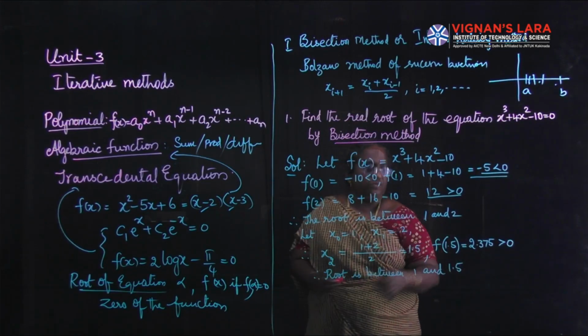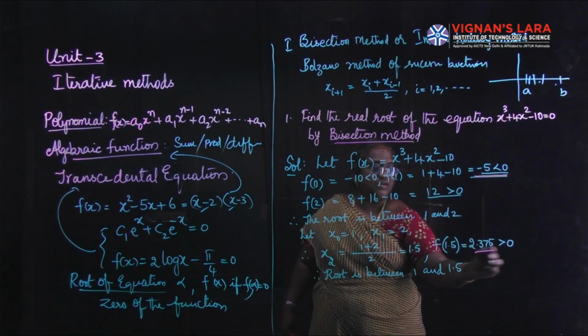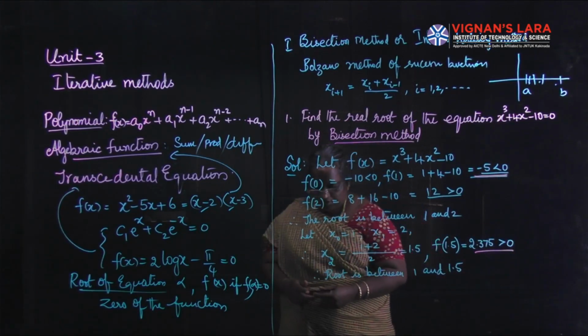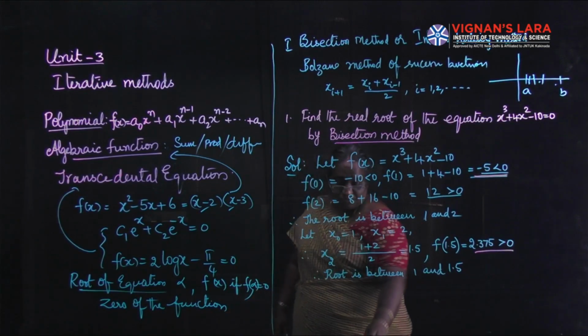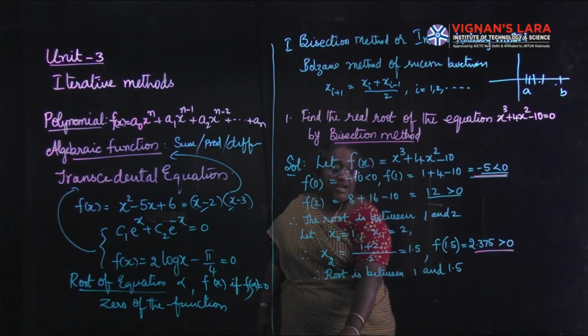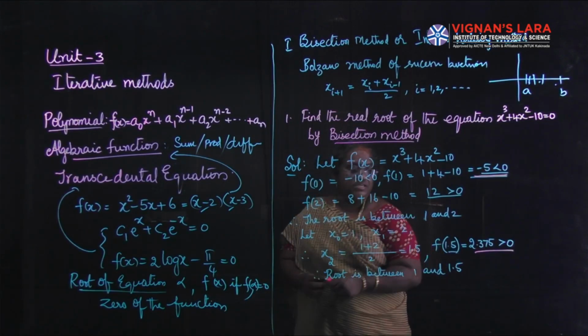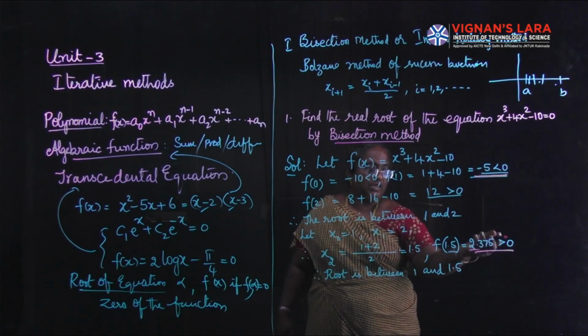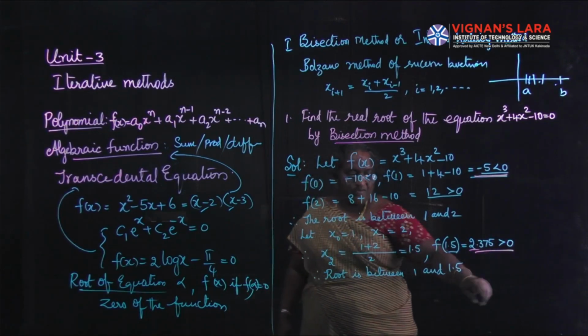It is less than 0 at 1, and greater than 0 at 1.5. So the root will be between 1 and 1.5, not between minus 5 and 2.375. Root means the x value. Students get confused and take the values of the function, not the values of x. So the root is between 1 and 1.5.